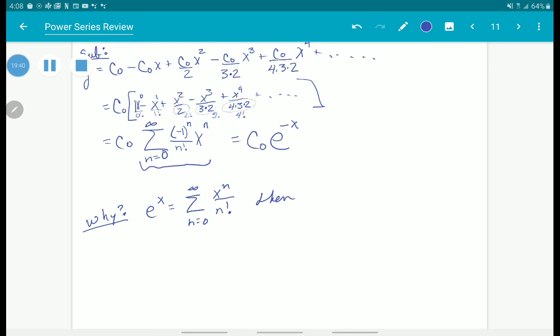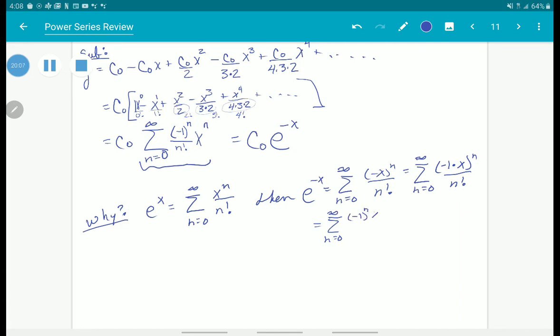Then if we replace x with a negative x, we could think about this as negative 1 times x to the n over n factorial. So then we would have negative 1 to the n, there's your alternating part, x to the n over n factorial. So there's your power series for e to the negative x. So there's our solution.